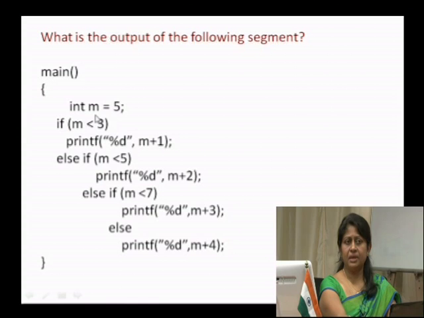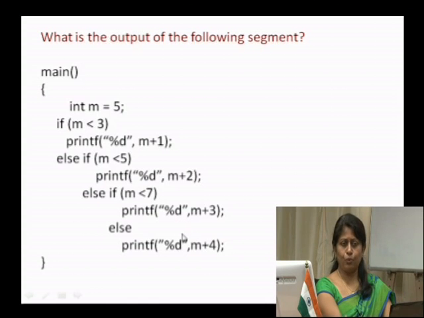You have a variable m defined with a value 5, and we are checking a condition: if m less than 3, print m plus 1. Else if m less than 5, print m plus 2. Else if m less than 7, print m plus 3, else print m plus 4. So what would be the output of this program?